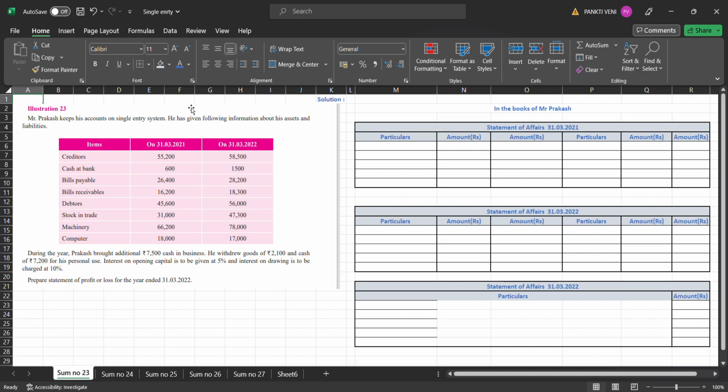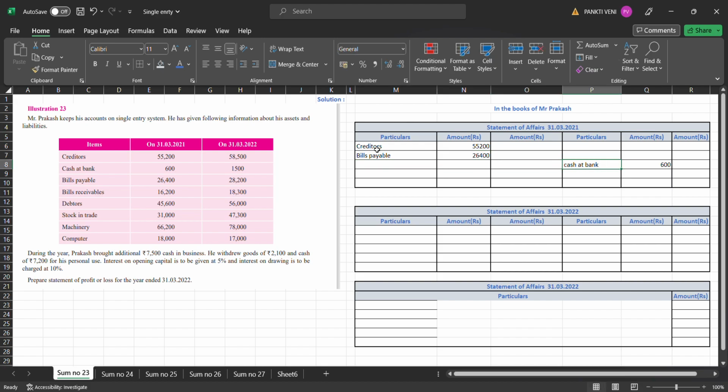Let us quickly note down the items. Creditors, I'm noting down first, opening balance first. Then I have bills payable. Cash at bank, I'll note down so that I don't miss out anything. Cash at bank 600. Then I have bills payable 26,400.